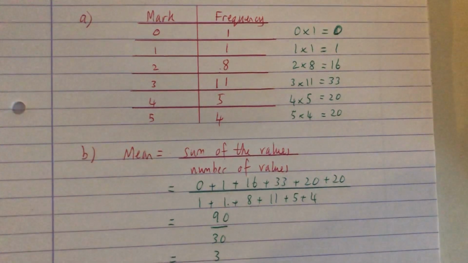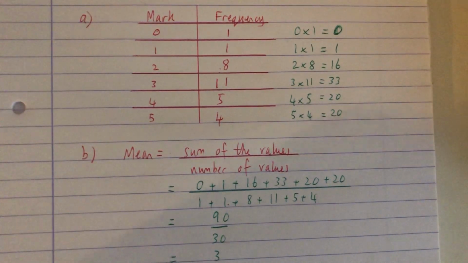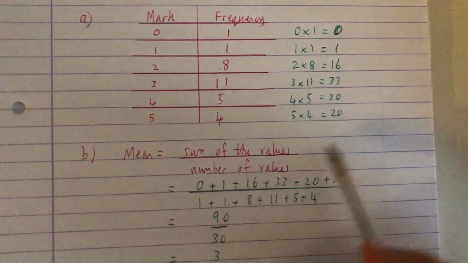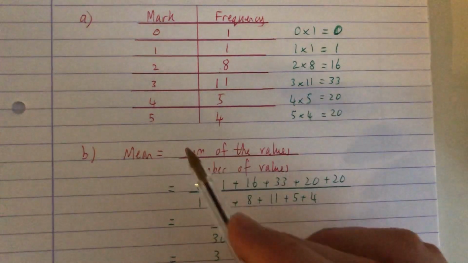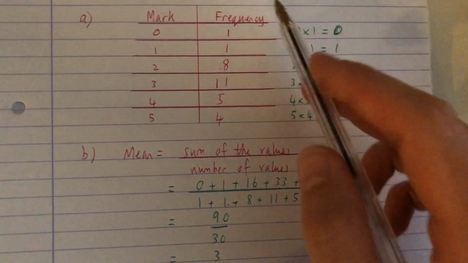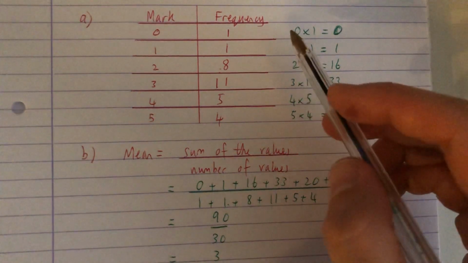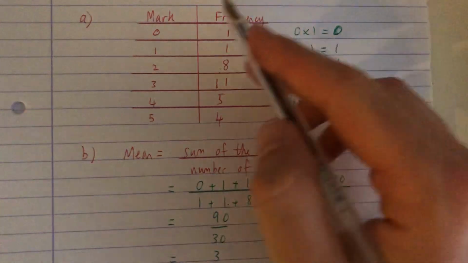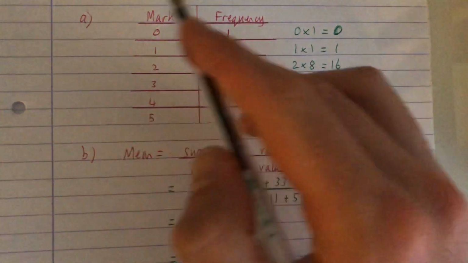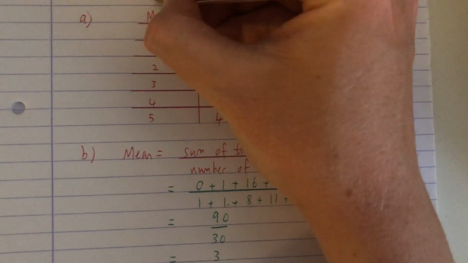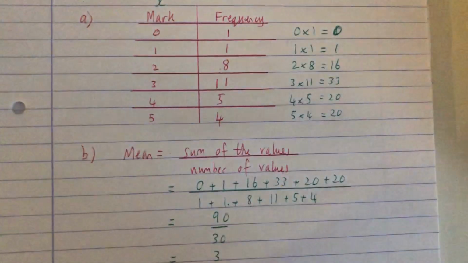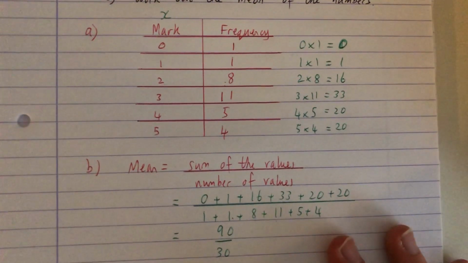Now, I want you guys to have a little bit easier of a method to do this, because when I ask you to work out the mean from a frequency table, you've always got to add in this extra column, these extra workings I've done in green. Now, this column is the first column times the frequency. That first column, people sometimes call X. X just represents the first column.